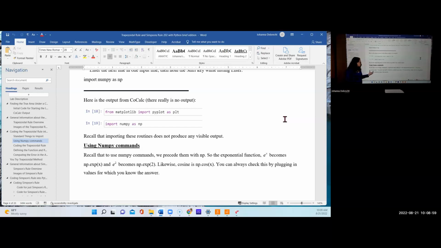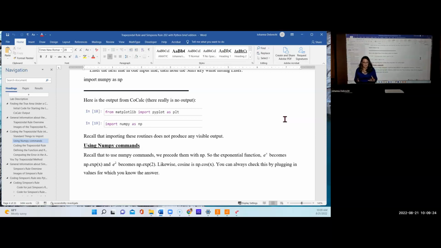So the exponential function is written in numeric Python as np.exp with the x following it. E squared becomes np.exp parentheses 2. If we want to call it cosine, we need to tell it to approximate the cosine as a number, np.cos parentheses x.